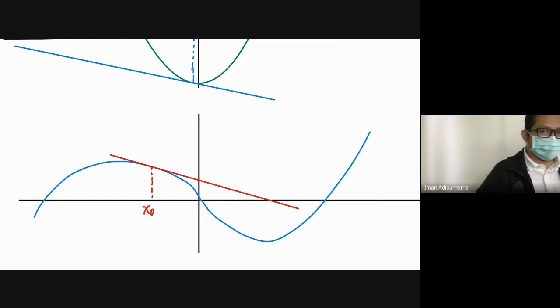Let's say this is our x0 and this is our x1, the result from x0.